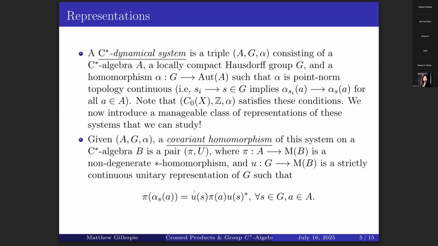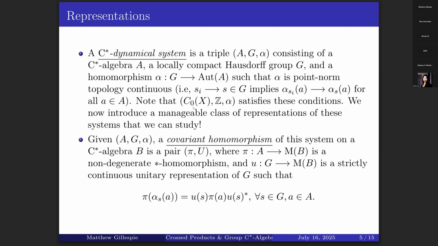If we go back to this condition here, alpha is simply any group homomorphism of G into the automorphism group of A. So there's a very massive range of things that alpha could be. If you know anything about automorphism groups of C-star algebras, you know that they're extremely large and very general, and there's a whole book called C-star algebras and their automorphism groups, which is like a 700-page volume, so it's a very, very vast subject of study.